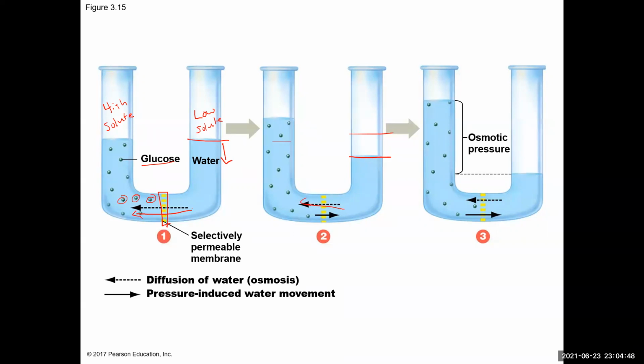And the remaining difference, so the difference in the water level now, would have been the pressure that was needed to oppose the water moving in this direction. So that difference is the osmotic pressure. Okay? So osmosis again is low to high solute concentrations.